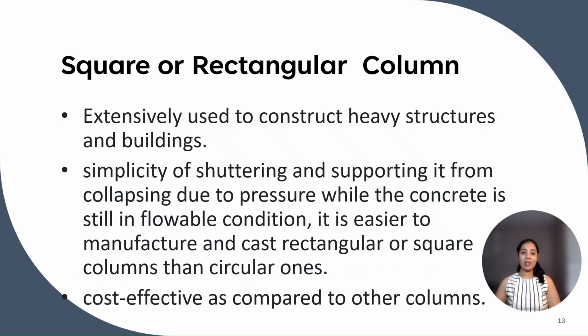So, about the square or rectangular column, these are extensively used to construct heavy structures and buildings. Simplicity of shuttering and supporting it from collapsing due to pressure while concrete is still in flowable condition. So it is easier to construct and they are also cost effective.